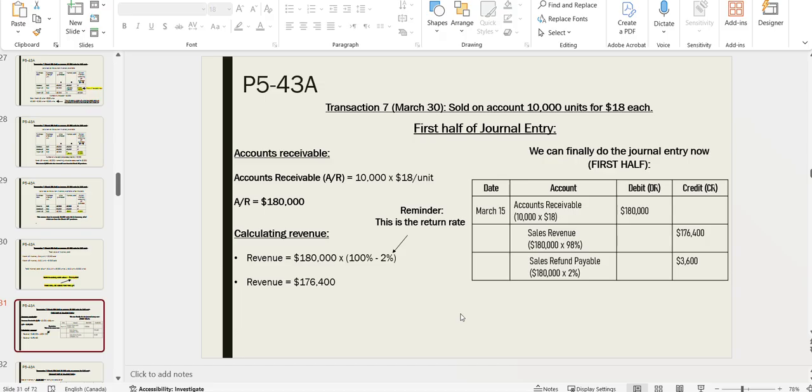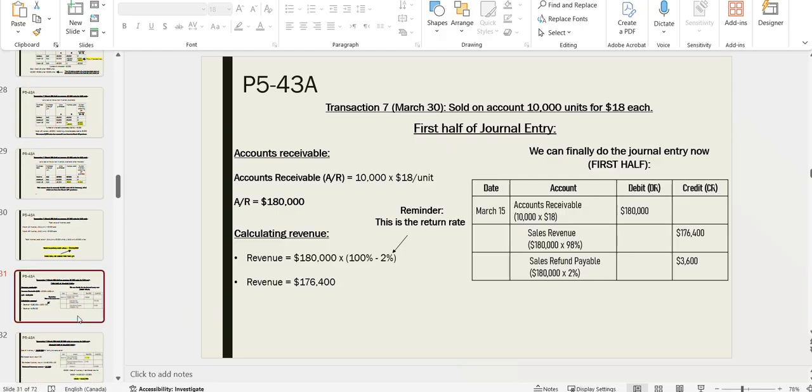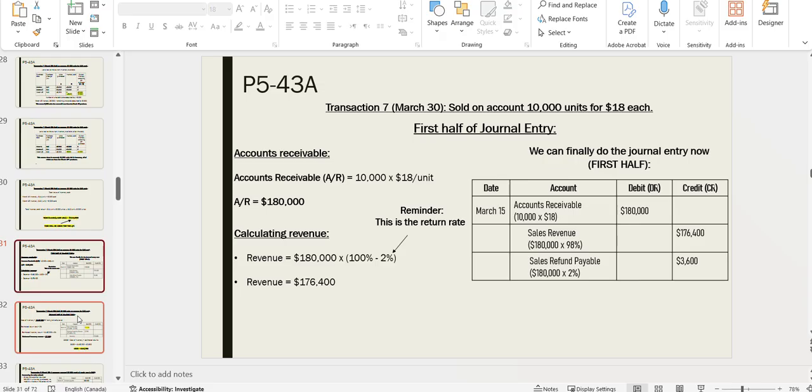But because we expect a 2% rate of return, we don't consider it. So we just consider 98% of our sale as our revenue, and the rest is our sales refund payable, which is a liability to our customers. We expect it, and we can update our journal entries after being sure about our rate of return.